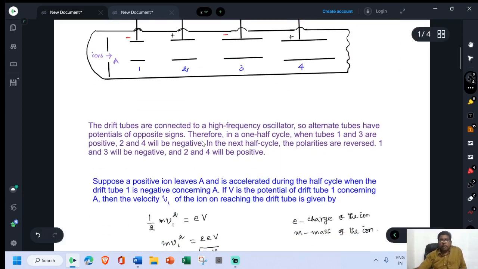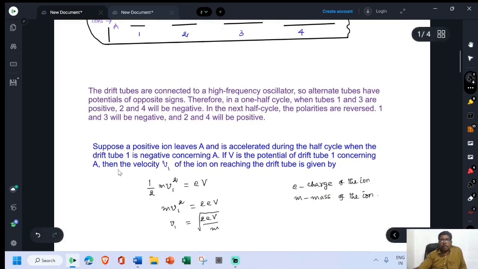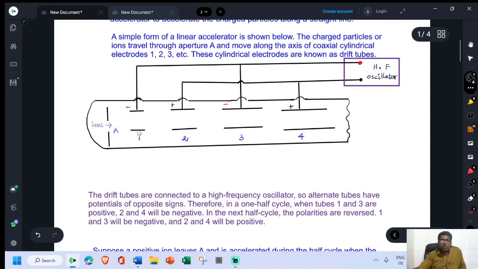Now, with this working, suppose a positive ion leaves A and is accelerated during the half cycle when the drift tube 1 is negative with respect to A. If the potential of the tube 1 is negative, it attracts the positive ion towards it.